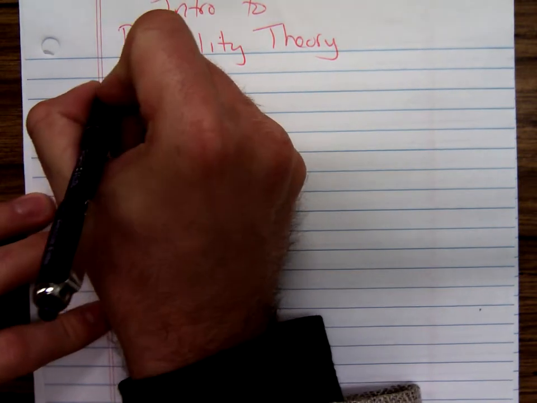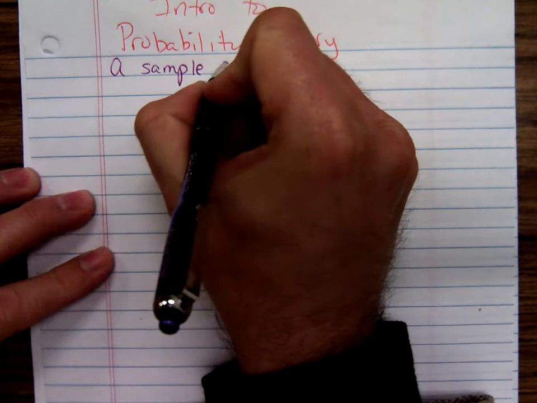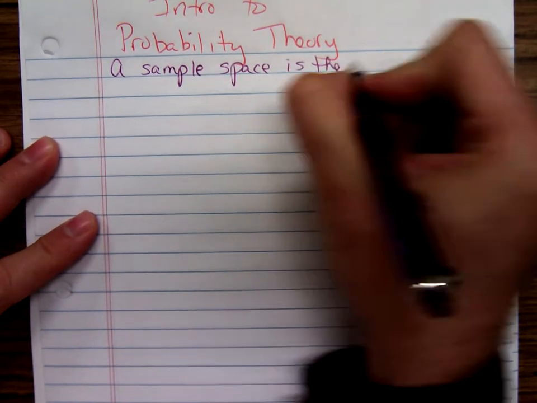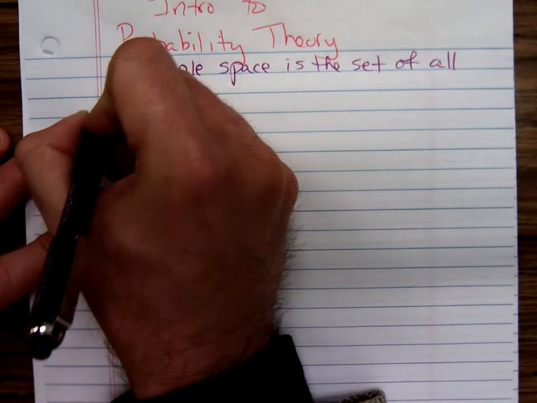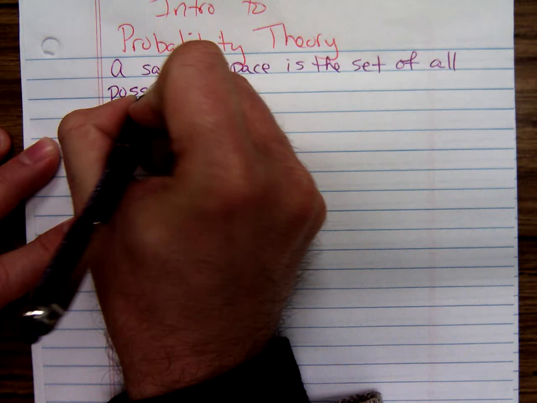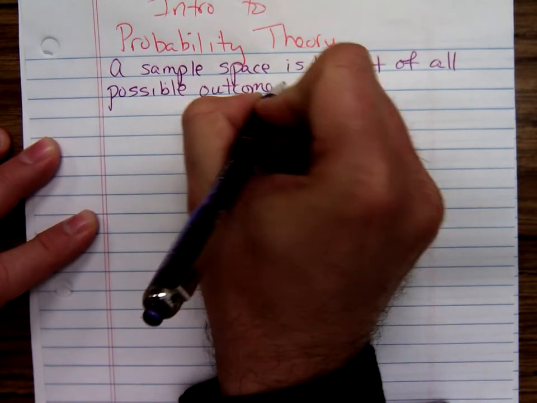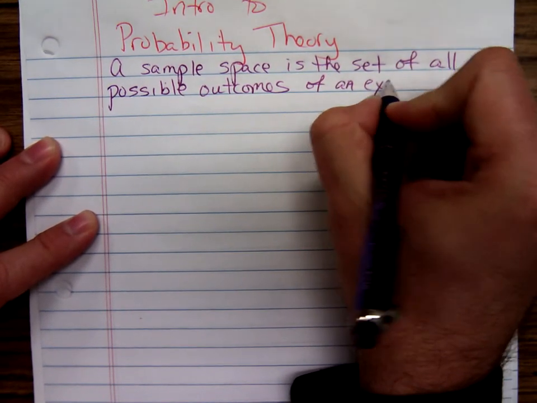The sample space is the set of all possible outcomes of an experiment. By experiment, we mean something like maybe they're tossing a coin.